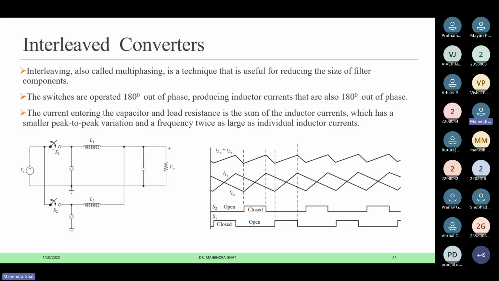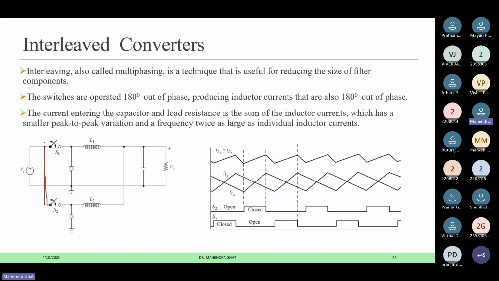You can see this is one buck converter. This is the switch, this is the diode which is connected to the ground, and here is inductor L1, and you will have the output. The second buck converter is connected here. You can see this is the second switch, second diode, and the second inductor, which is connected to the same output.